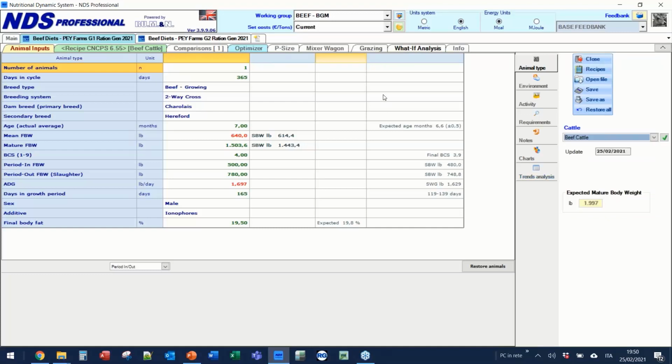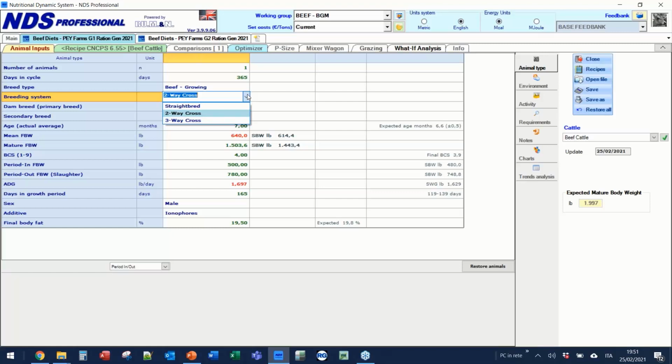Let's work with beef cattle. We can define which type of beef we are working with, growing or finishing. We can work with different types of crossbreeding or straight breed.